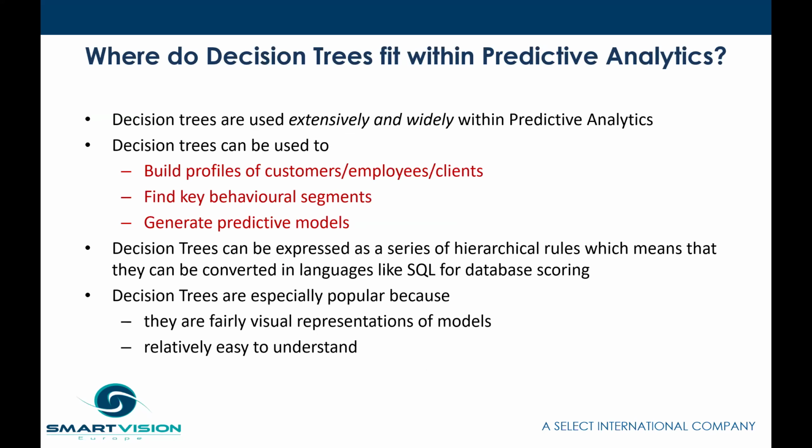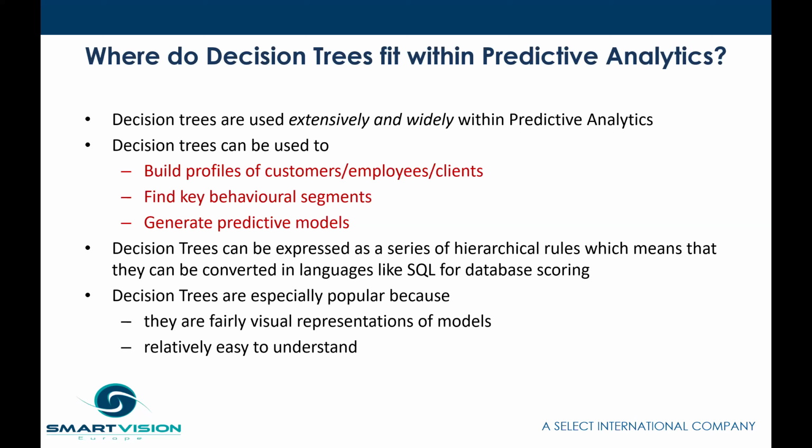So decision trees are used extensively and widely within the world of predictive analytics and data science, and they can be used to build profiles. It's one of the first things they do. They're very good at profiling individuals or employees or clients or patients or customers and saying who is most likely to answer a question in a particular way or who's most likely to fall into a certain category. In doing so, they find segments or groups within that body of data, which are often really interesting.